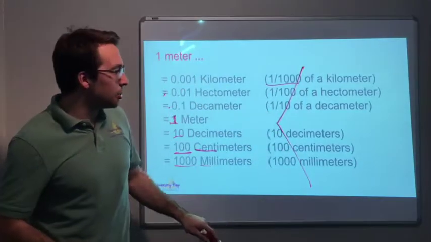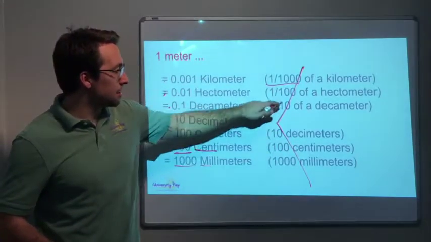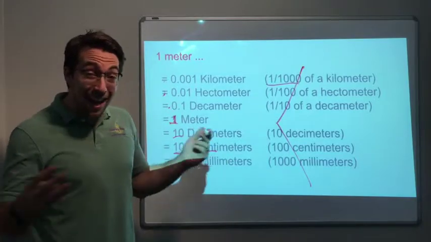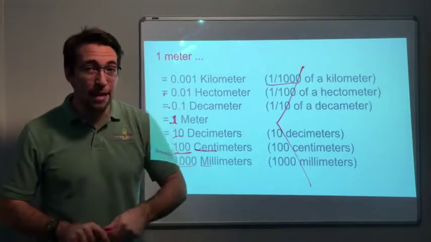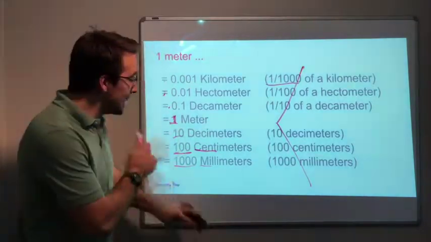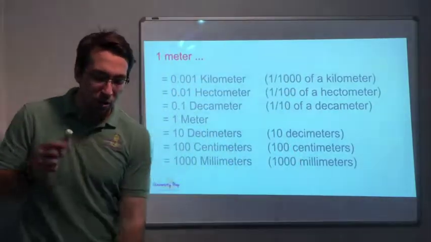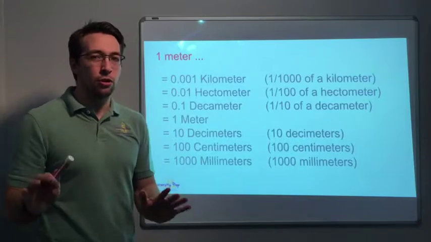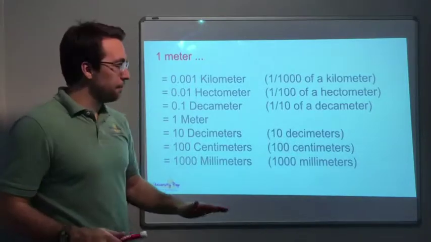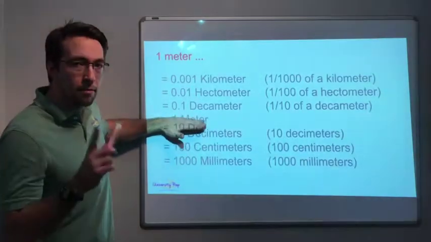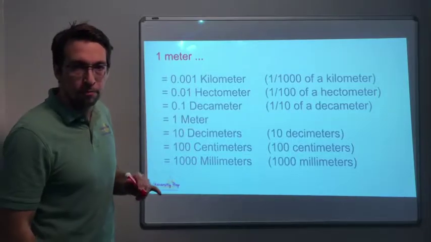Do you guys see that symmetry? 10, 100, 1,000, 10, 100, 1,000. That's why the metric system is so amazing. Okay? This page is a little bit confusing. It's complicated. So pause it, slow down, make sure you're with me. Okay? Our base unit, 1 meter, okay?